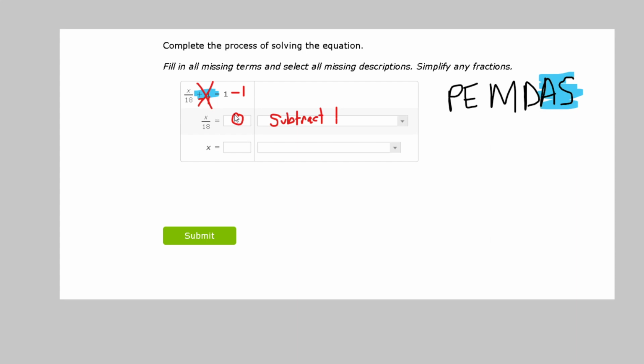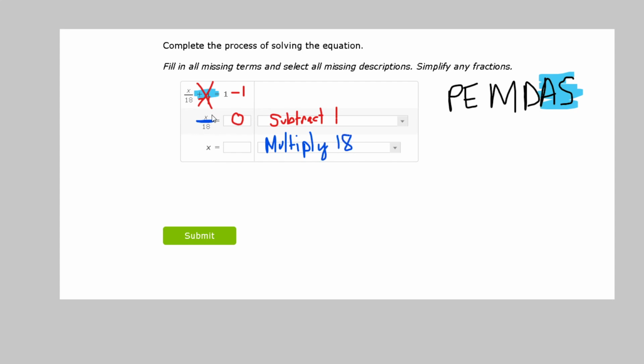Then from here, we need to think about the final step. Well, we're dividing, right? We're dividing x by 18. So we need to do the opposite of dividing. We need to multiply by 18. Multiply 18.